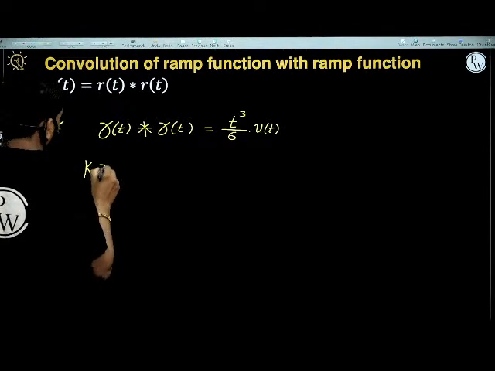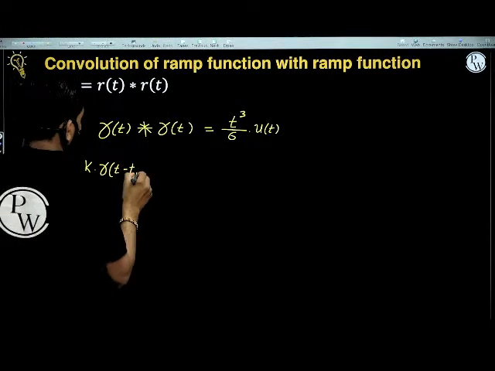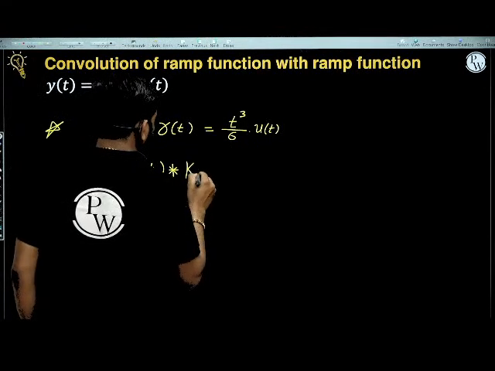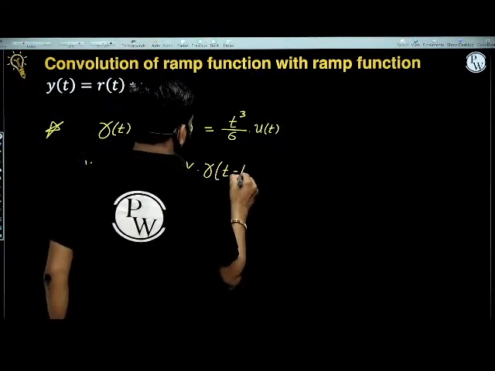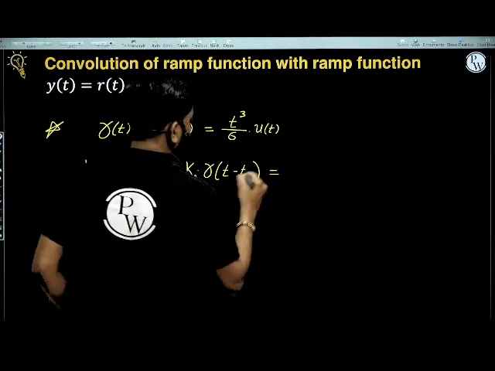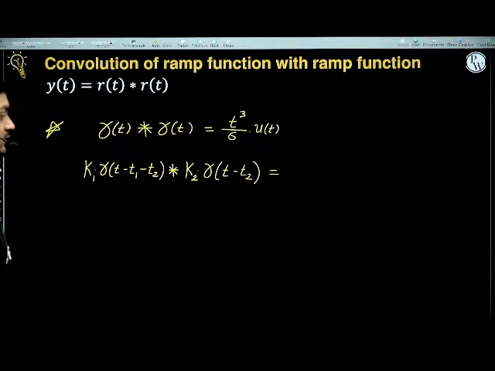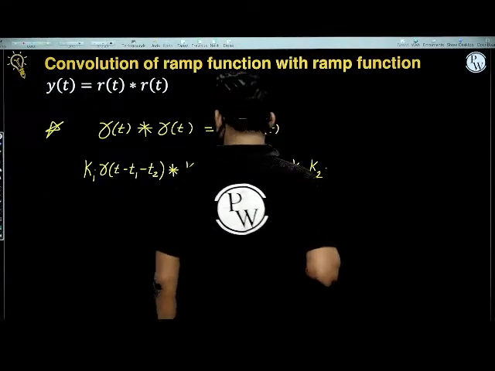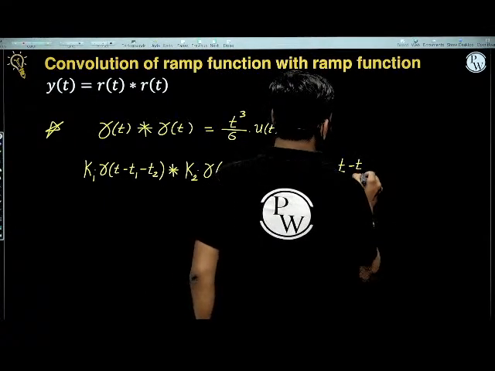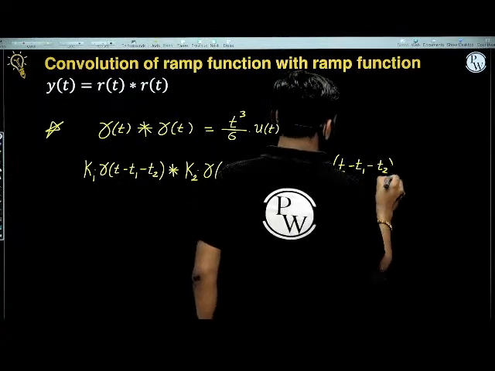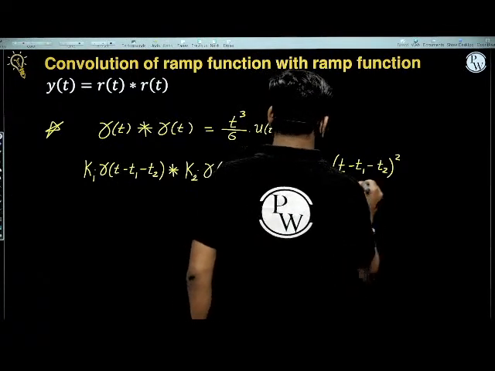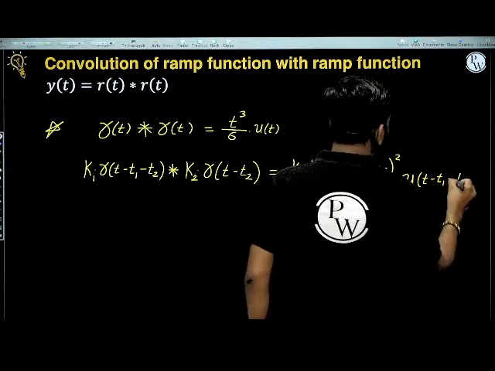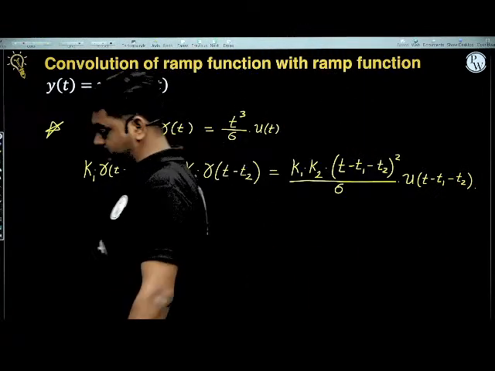Now here k1 into r of t minus t1, convolution with k2 r of t minus t2, is equal to k1 into k2 into t minus t1 minus t2 whole square divided by 6 into u of t minus t1 minus t2, correct?